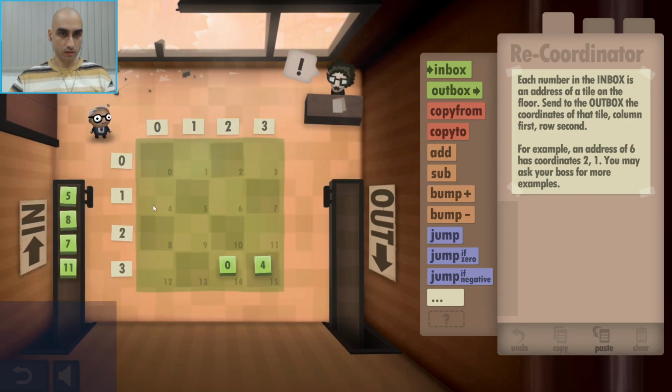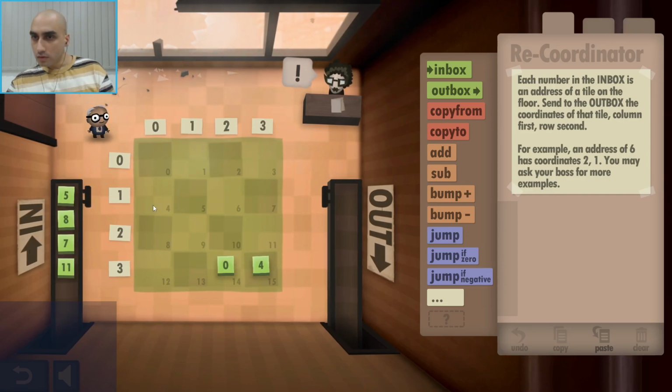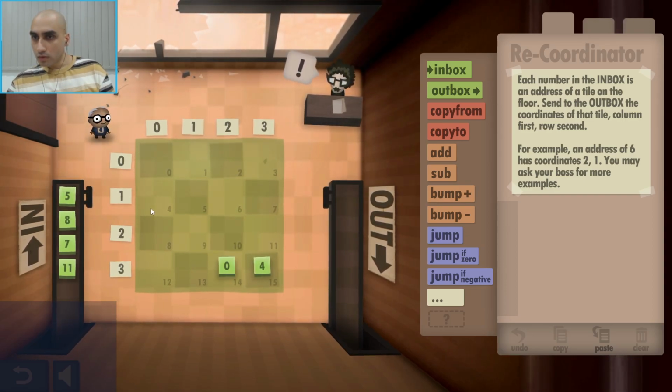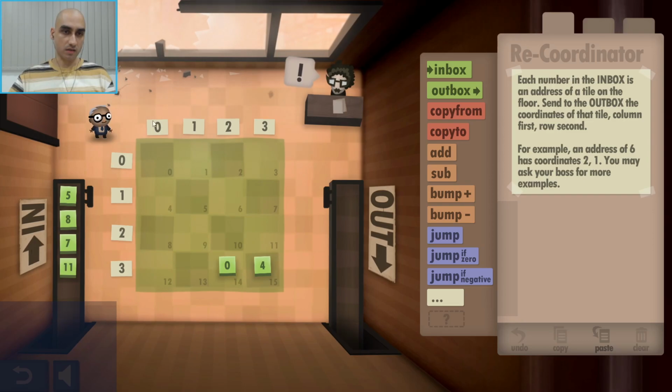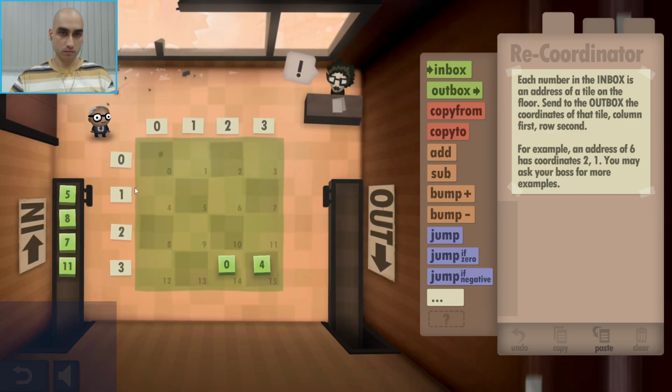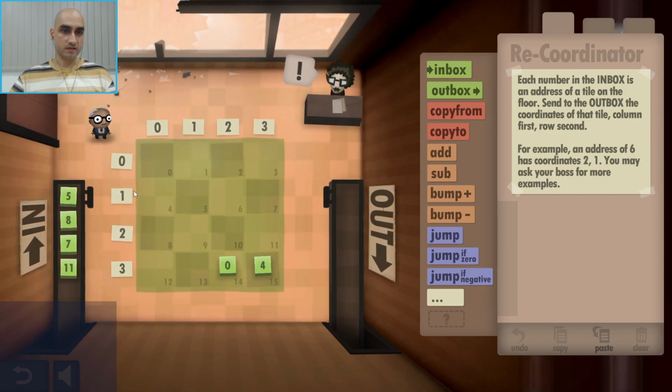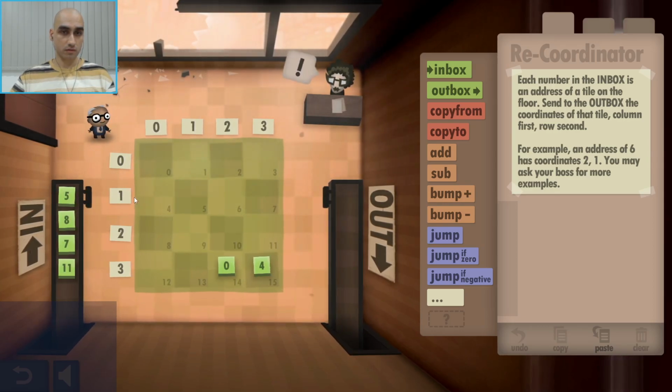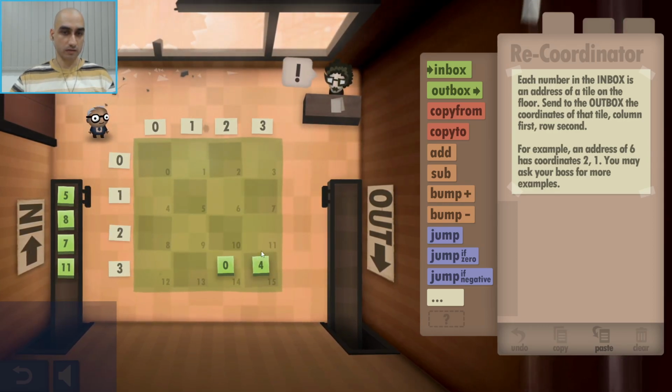We're saying the first column is going to be that number modulo 4, and the row is going to be that number divided by 4. That's why they've got a little 4 down here. Okay.